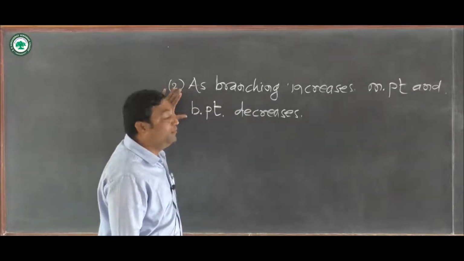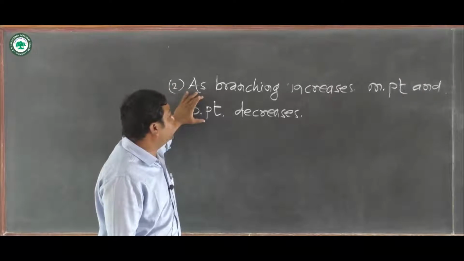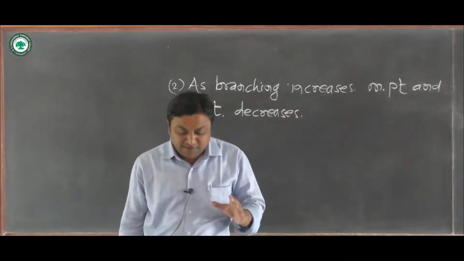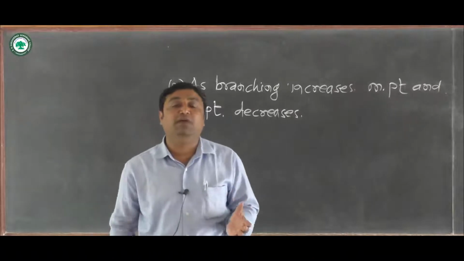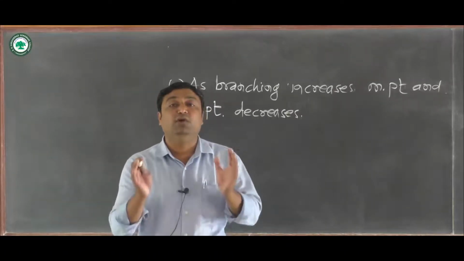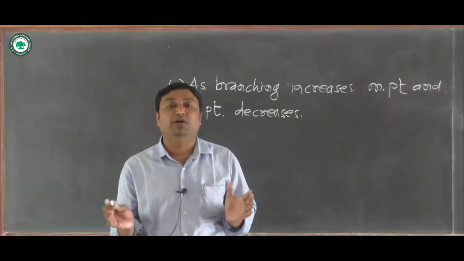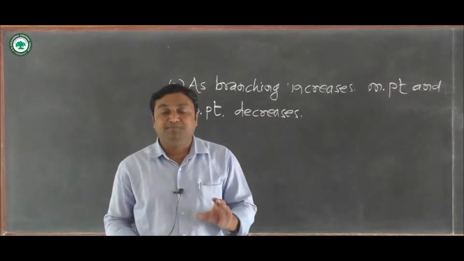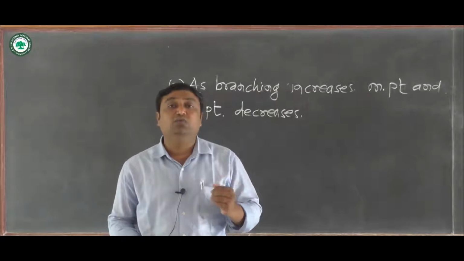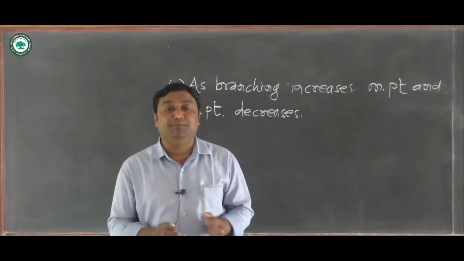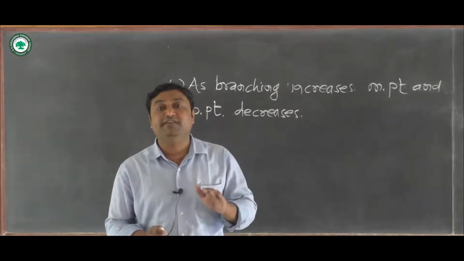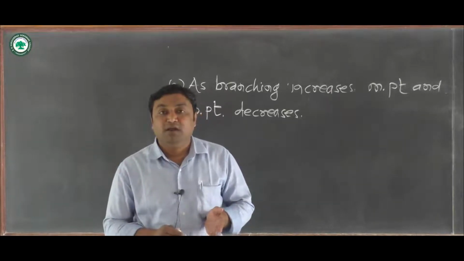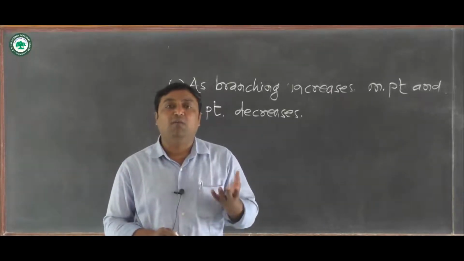This is so because as the branching increases, the surface area of the branched molecule decreases. It means the volume of that molecule collects in a small region, and to melt or boil such a branched compound, due to the decrease in its surface area, we require a small amount of energy.